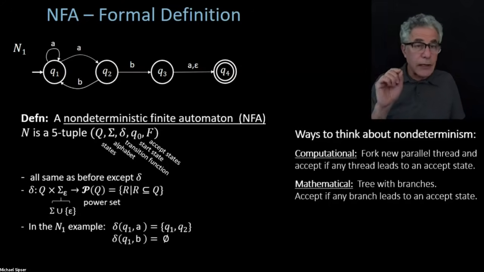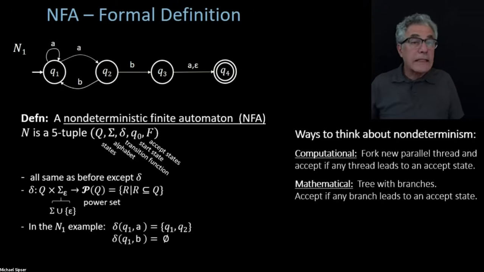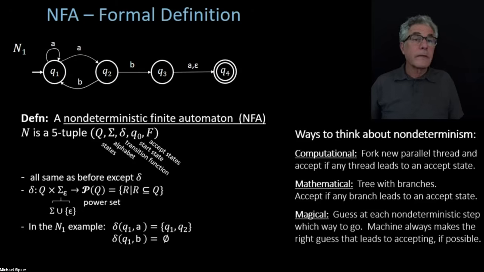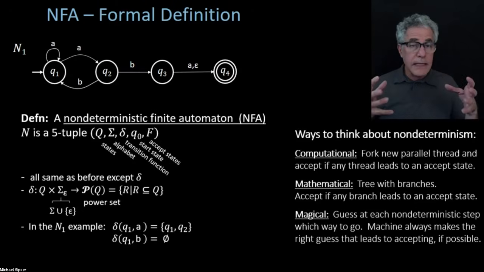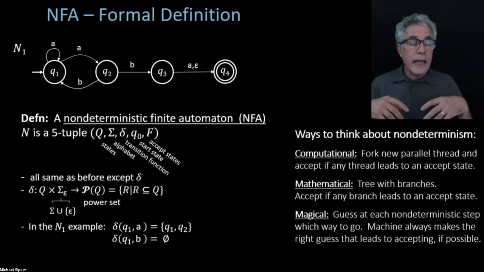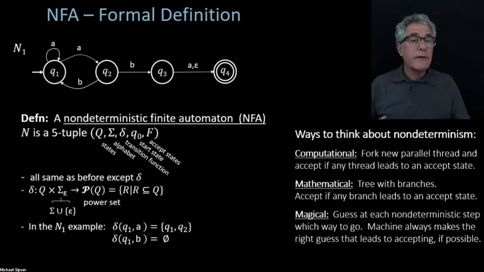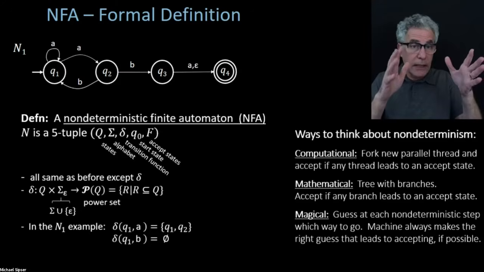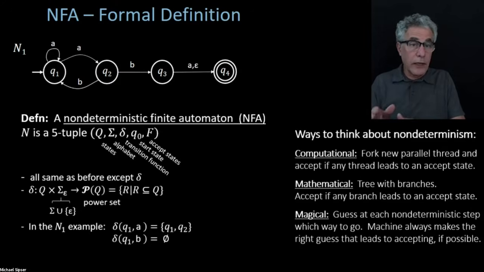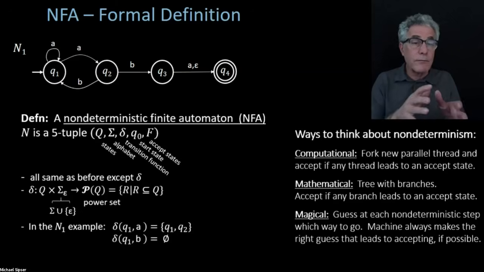The last one is going to sound a little weird, but I think for people who are in the business, it's the one they use the most. And that's the magical way of thinking about non-determinism. When the machine has non-deterministic choices to make, you think of the machine as magically guessing the correct one at every stage, the correct one being the one that will eventually lead it to accept.